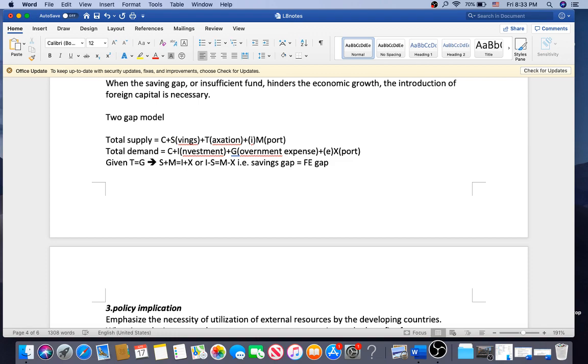A virtuous cycle means high income and high savings appear and allocate the resources more reasonably.